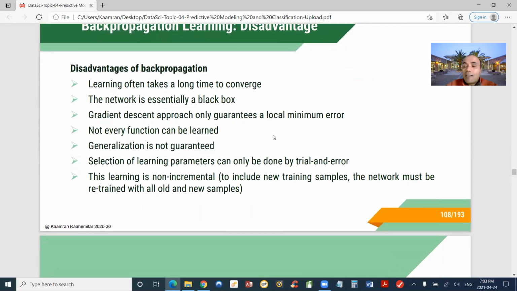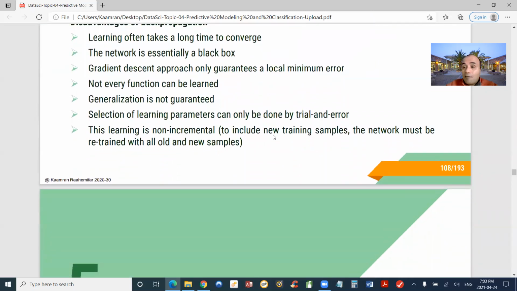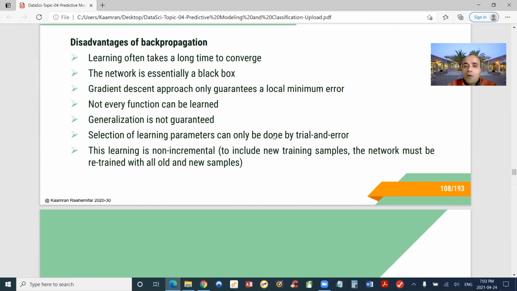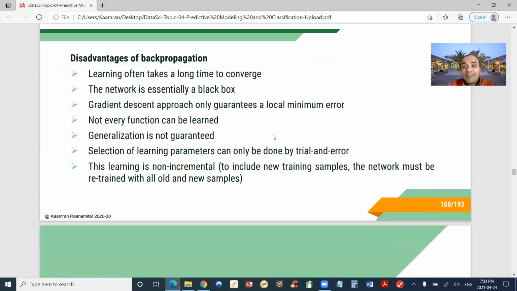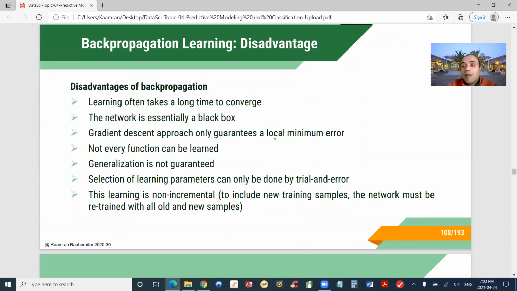Not every function can be learned, of course. Generalization is not guaranteed. The selection of learning parameters can only be done by trial and error. This learning is non-incremental. To include new training samples, the network must be retrained with all old and new samples. And that's really a pain because as soon as you bring in a new sample, you need to retrain the system.